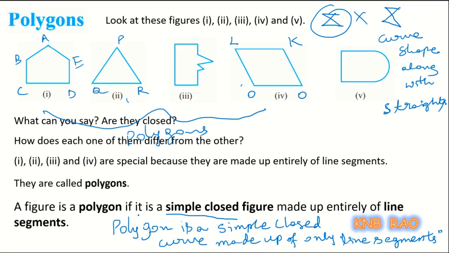So this is my definition, my way of telling the polygon. Okay, so the choice is yours. Either you can take the bookish way of defining or the simple way of defining.